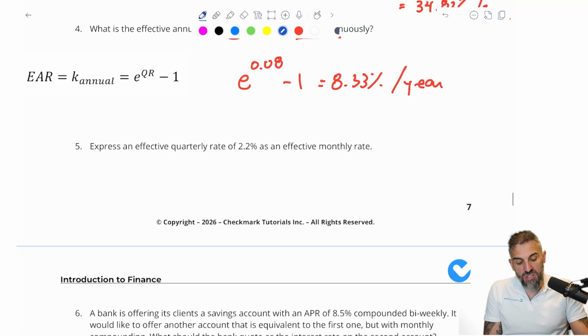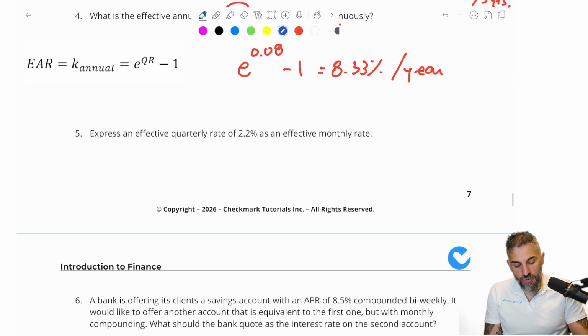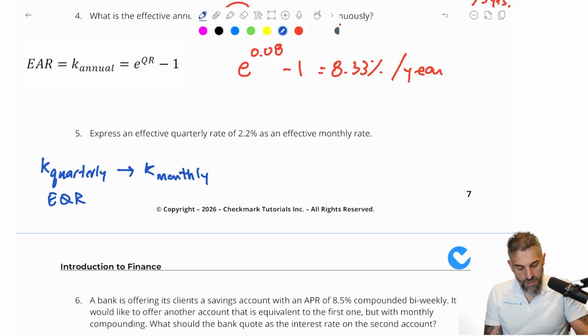Okay, now this is the one that I really like, which is going from one effective rate to another. So here it's going from K quarterly as a monthly rate. Or an EQR, effective quarterly rate, we want it to become an effective monthly rate.